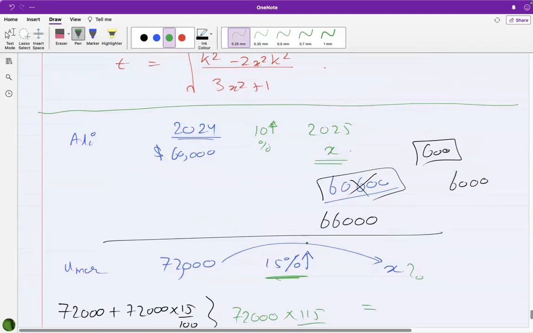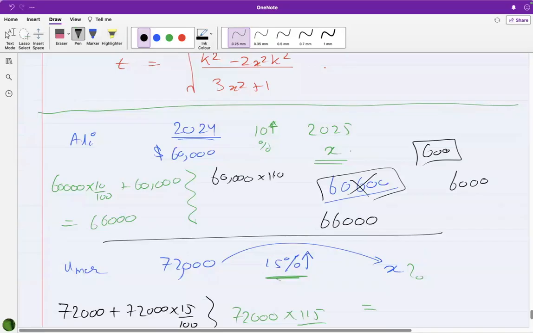In the previous question, you can do 60,000 into 10 over 100 plus 60,000 is 66,000. Or you could do 60,000 into 110 over 100 is 66,000. This means 10% increase. This is in two different steps. That is directly.